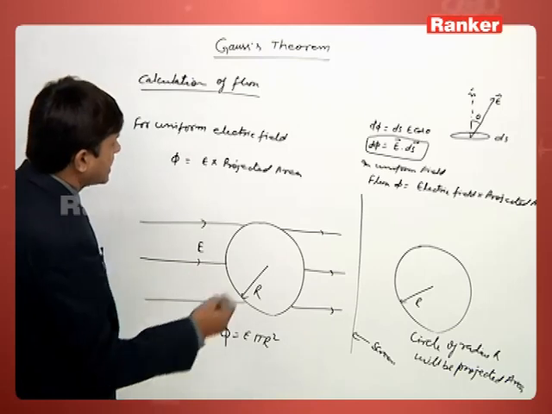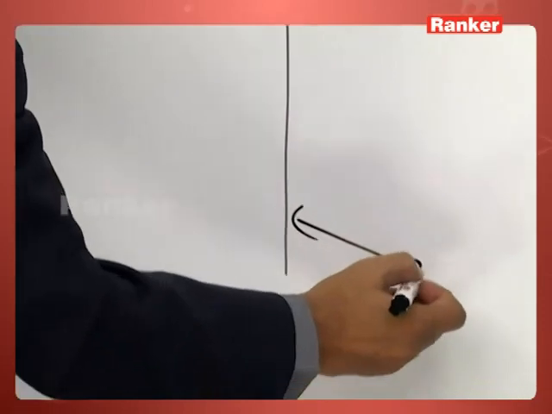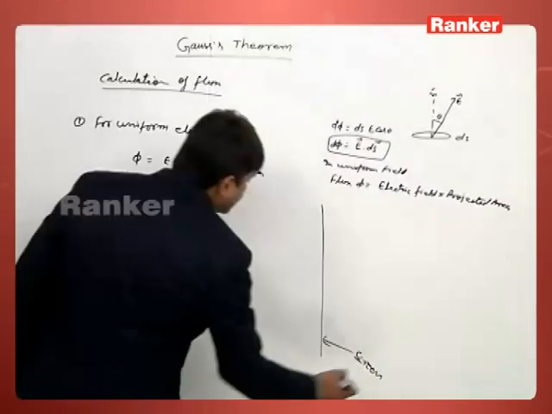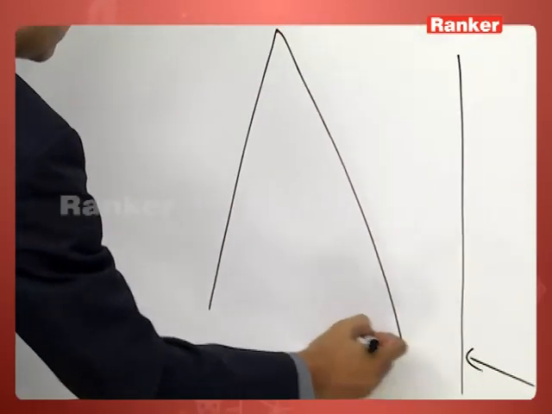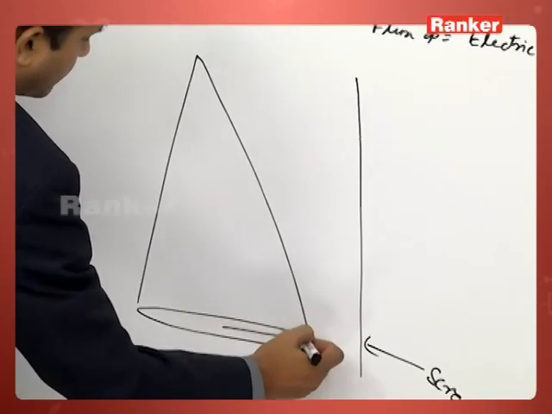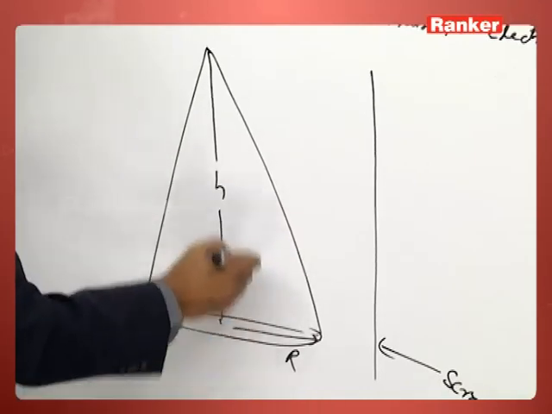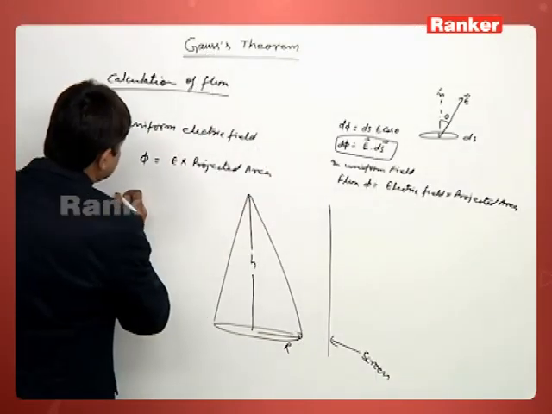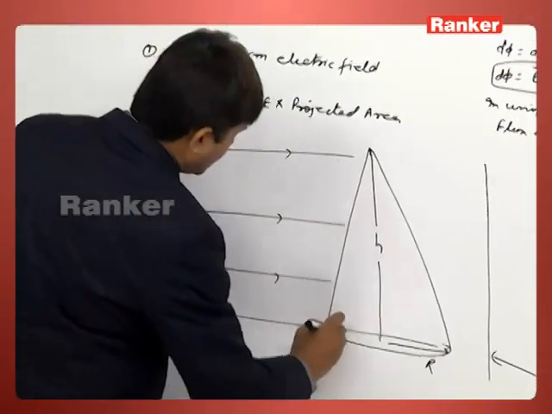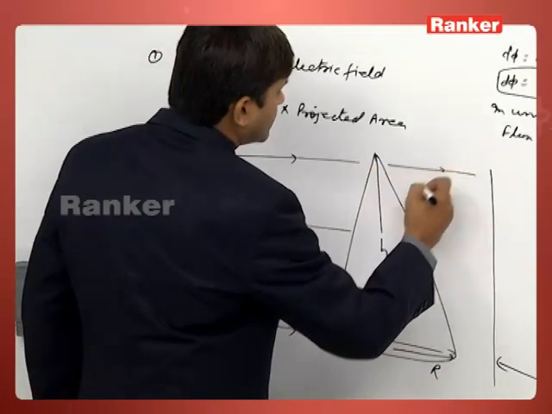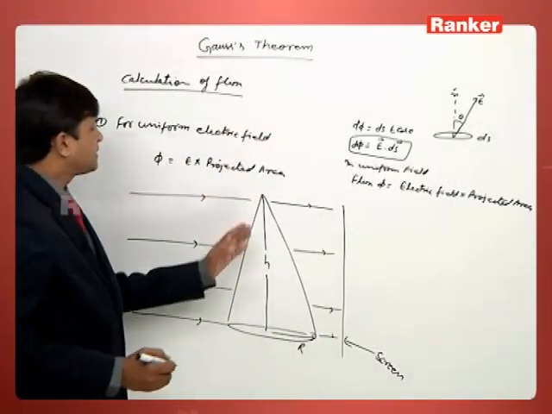Similarly, see another example. Now if we have a cone of radius r and height h, kept in a uniform field like this, and we want to calculate the total flux through it, we look at the projected area.